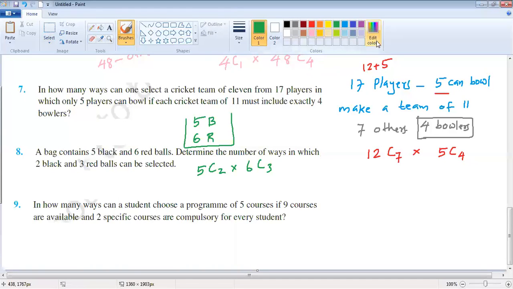And the last question. How many ways can a student choose a program of 5 courses? They have to choose 5 courses. 9 courses are available, or 9 subjects are available.